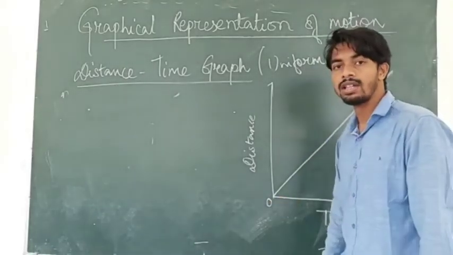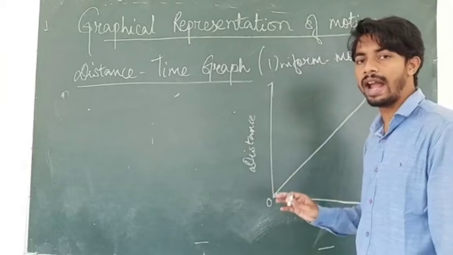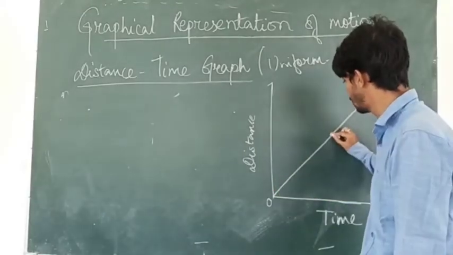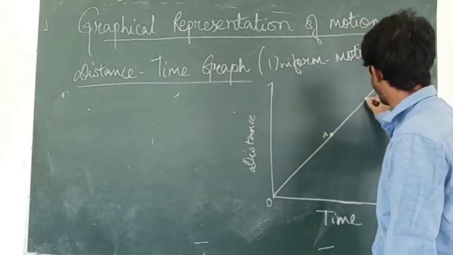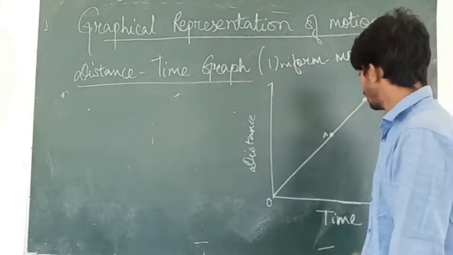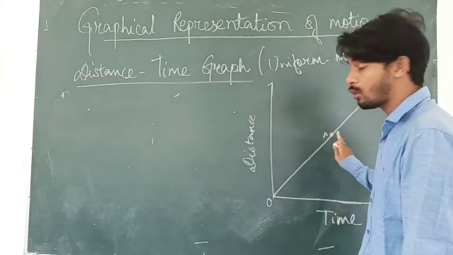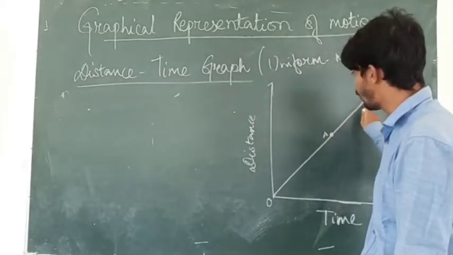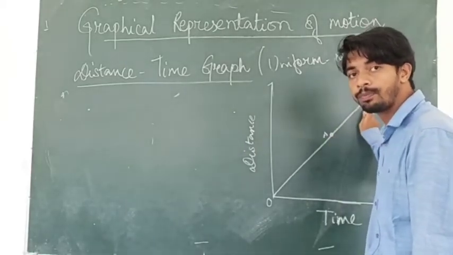Now in this line, if I take any two random points, for example, this point let it be A and this point let it be B. If I want to know the coordinates of point A and point B, what should I do?